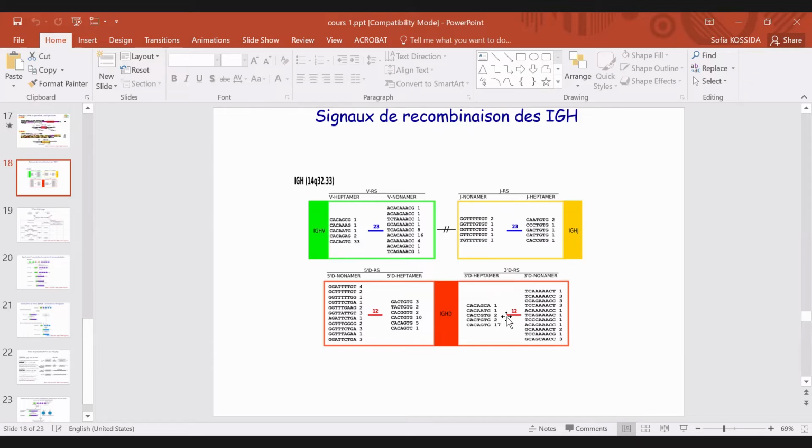Sure. We have recombination signals, and my question is the following. Why do variable genes have only one recombination signal? Joining genes, why do they have only one recombination signal, while diversity genes have two? Why do the diversity genes have two recombination signals?